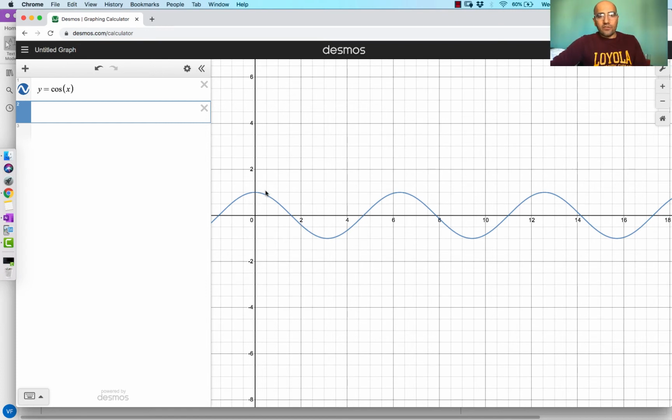Okay, so here's the cosine function, right? And it completes one period.